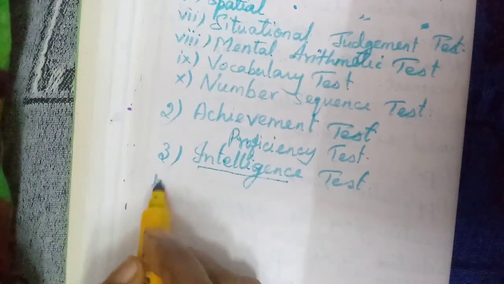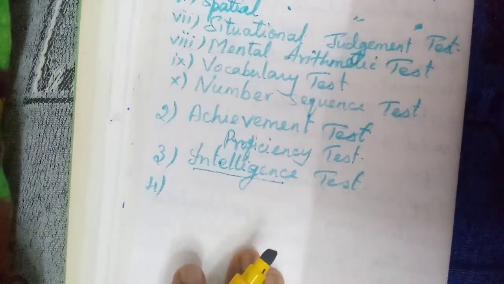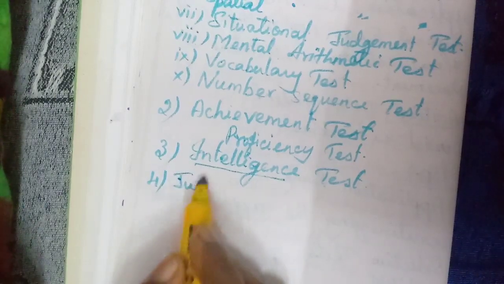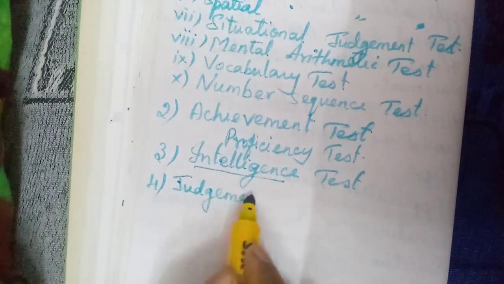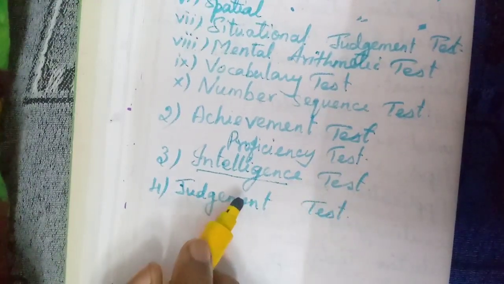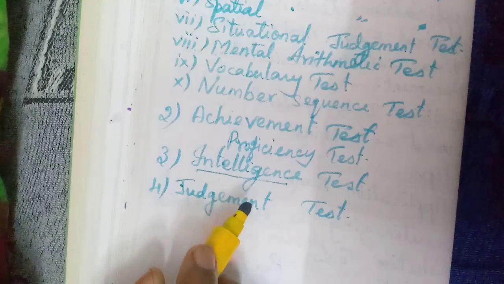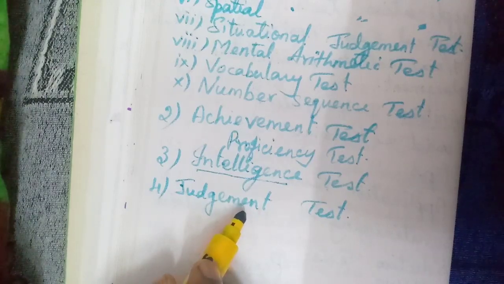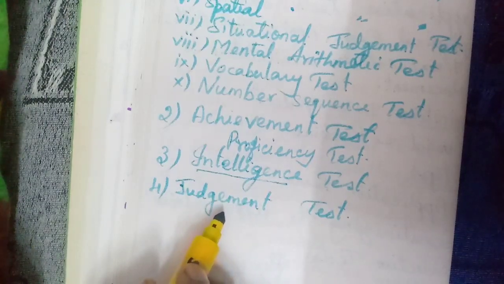Then the last test under this ability test is the judgment test. How a candidate works, how much reasoning capacity he has, and how much presence of mind he has.